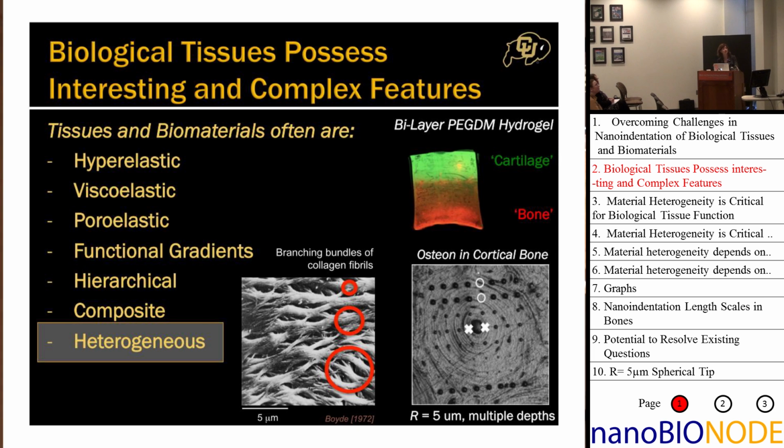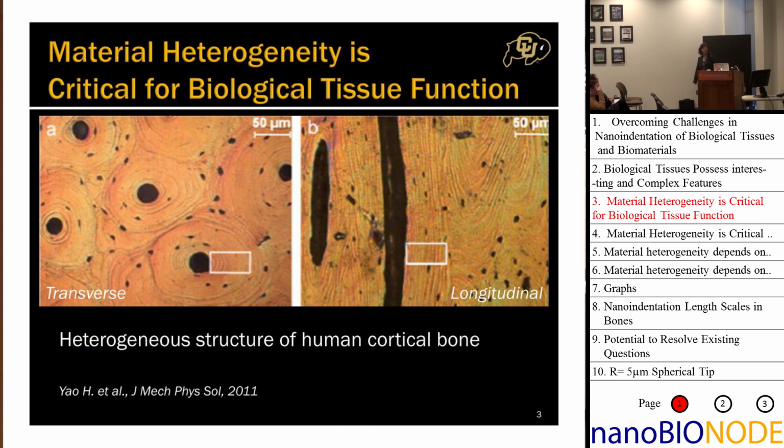Okay, so just taking a quick look at human cortical bone. This is a nice study that came out of Christine Ortiz's lab at MIT a couple years ago, where they looked at both transverse sections. So this is if you take a bone, like a femur in your leg, and you cut perpendicular to the long axis of the bone versus longitudinal along the long axis, you can see that structurally they're different.